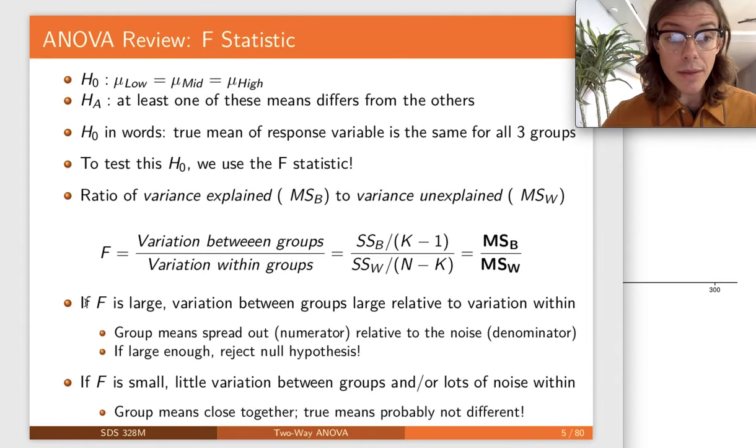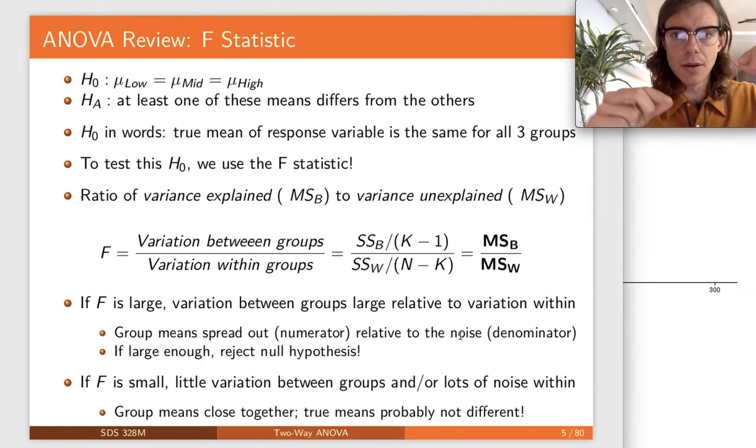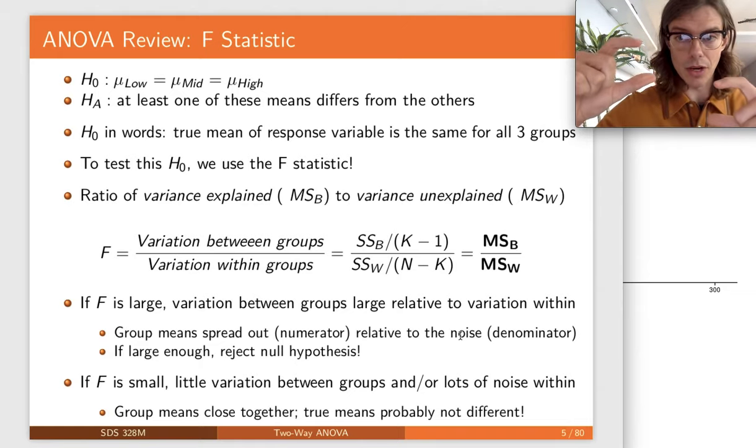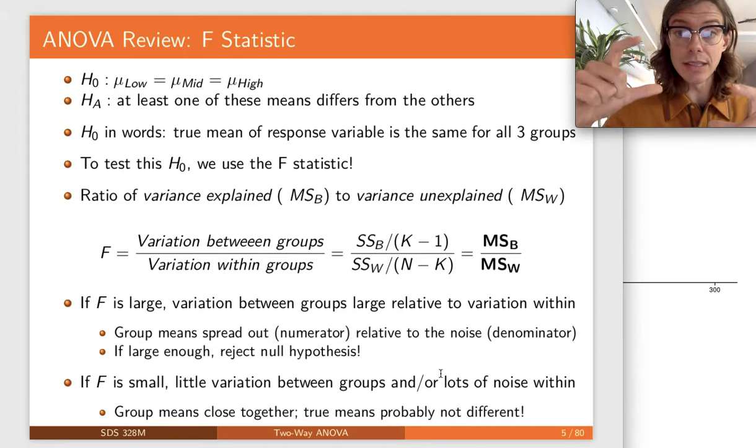So as we saw, if this F statistic is large, it means that mean square between is large relative to the mean square within. That means your groups are more spread out with respect to each other relative to the noise. So they'll be more spread out and they'll have not a whole lot of noise in each group. If your groups are super noisy, they need to be a lot more spread out for this to be significant.